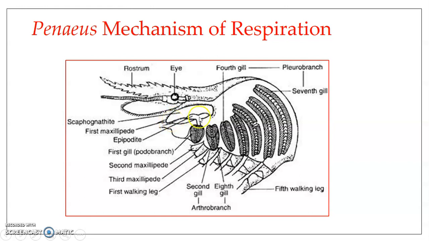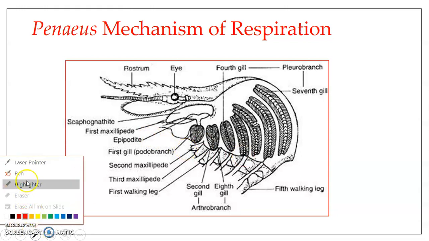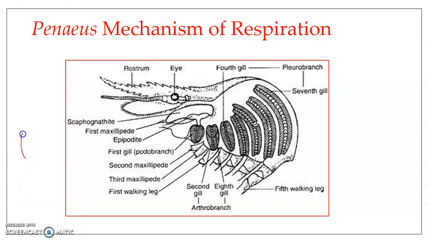Now, the gills lie in the branchial chamber, and the gill chamber is open ventrally. The carapace is open. I hope you remember the figure. It is somewhat like this. That is the carapace. It extends along the lateral sides, and this is the ventral part of the body, which is known as the sternite, and this is the appendage.